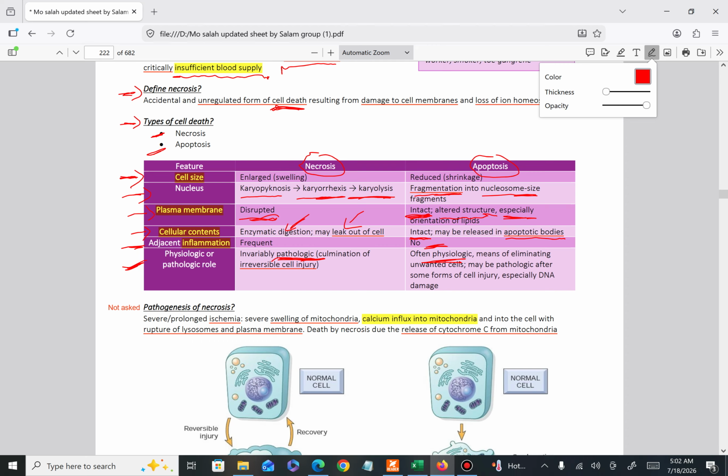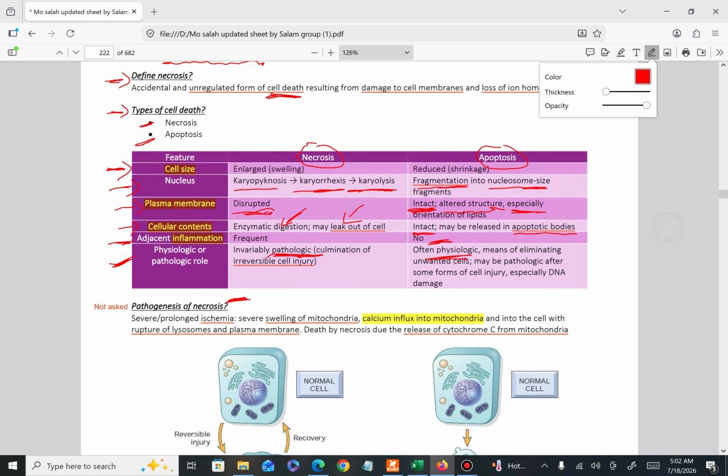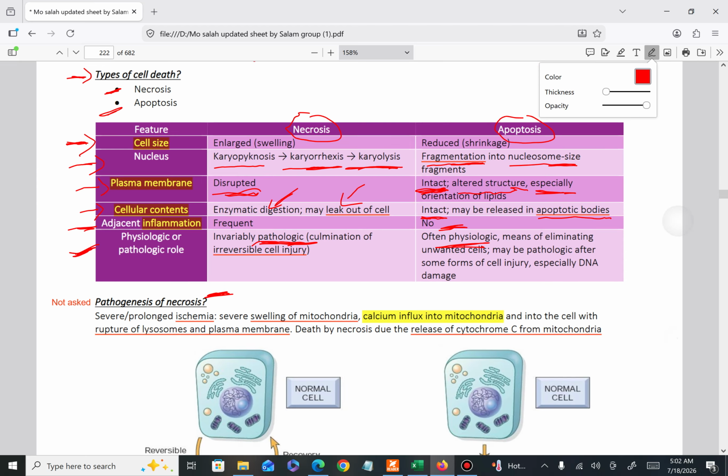Now we will discuss the pathogenesis of necrosis. The first step in the pathogenesis is severe and prolonged ischemia, which can lead to severe swelling of the mitochondria and other organelles.